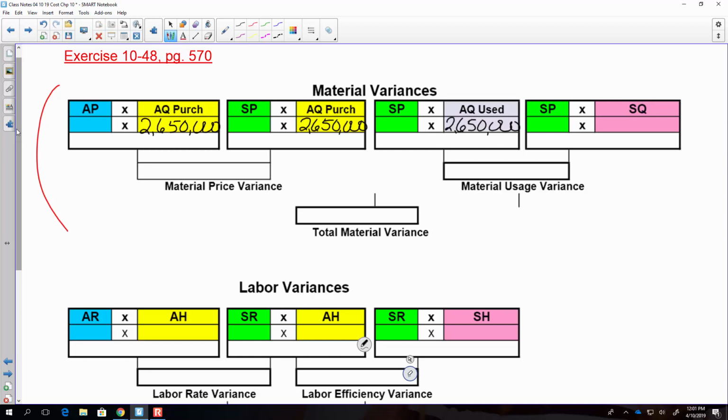Yep. 0.45, 4.5 cents. So I can multiply that out. What's the SP though? $0.05. 5 cents, right?